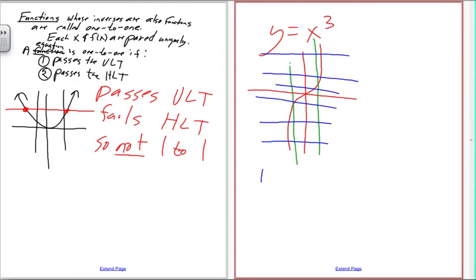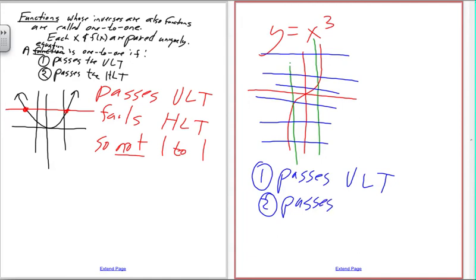So this passes vertical line test. It passes a horizontal line test. So y equals x cubed is 1-to-1. And its inverse is a function.